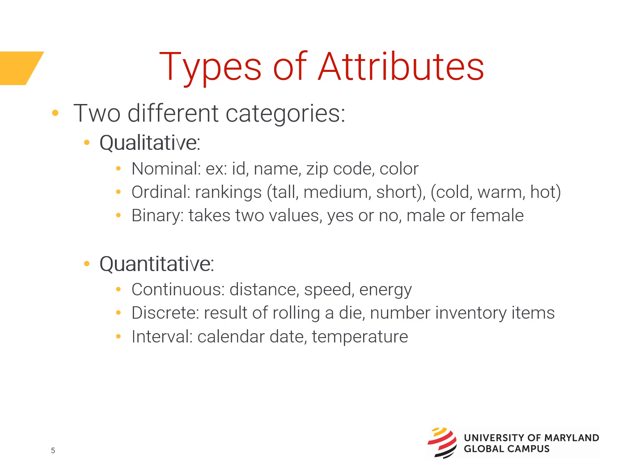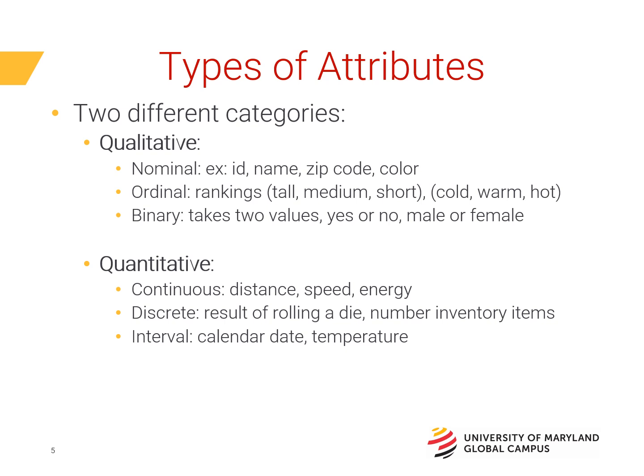These are qualitative descriptions. And ordinal are some logical ranking of things: tall, medium, short. There are no numerical values, but there is logical ordering. Cold, warm, and hot is the same thing. And another one is binary. It takes 2 values, 1 or 0, yes or no, some dichotomous values.